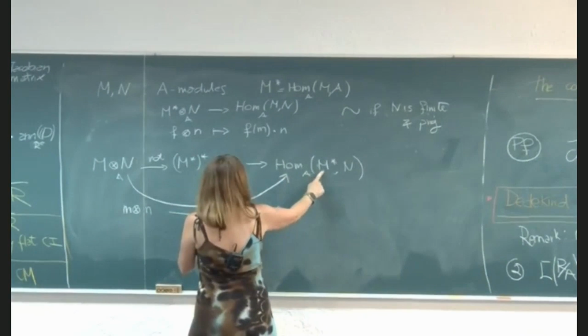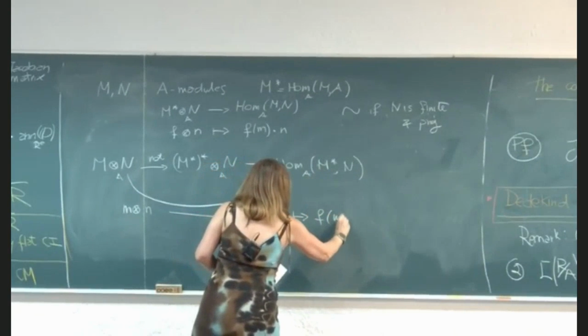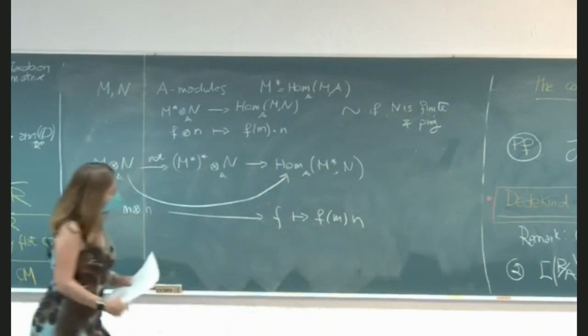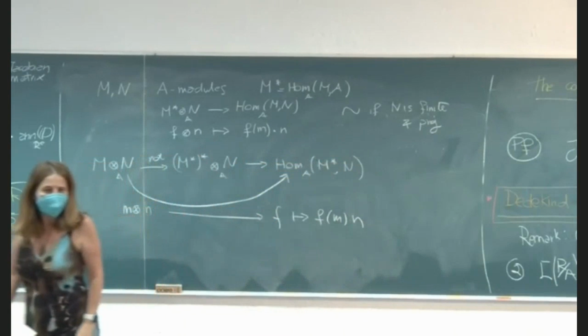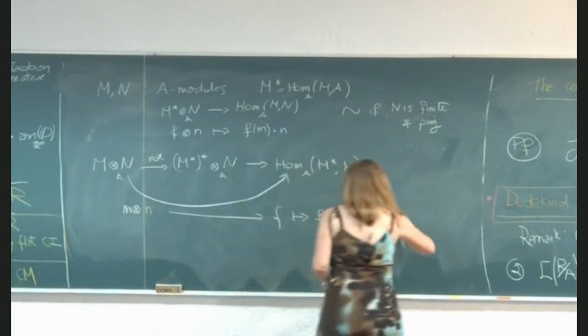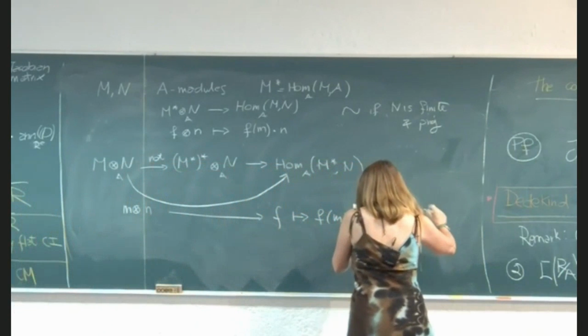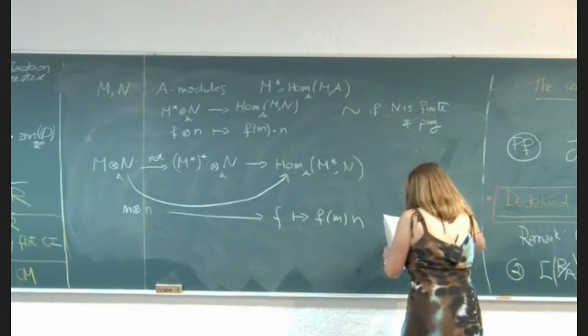If you compose it, it goes from M tensor N, and it sends it to, you take an F here, because this is going to be an F in M star, and you send it to F of m times n, because this is a map from here to N.